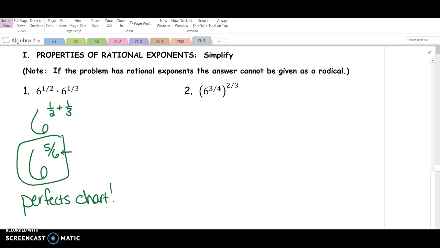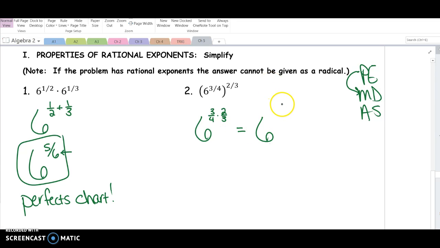The next one. What do you think we're going to do with the exponents in the next example? We multiply. When you see parentheses, you multiply the exponents. So 6 to the 3/4 times 2/3. You can either do this in your calculator or you can do this on paper.